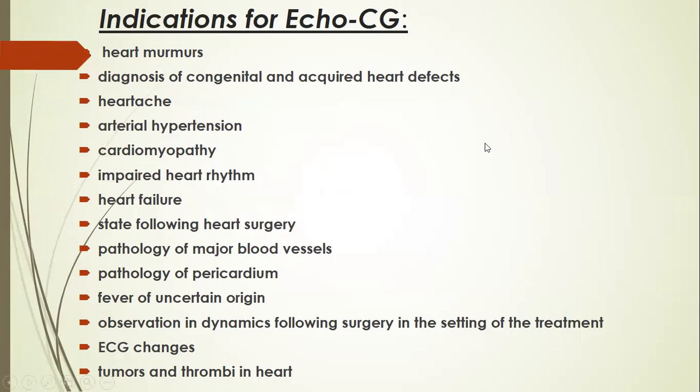First of all, we use it to investigate the heart and diagnose congenital and acquired heart defects, and when the child has heartache and heart murmurs, arterial hypertension, cardiomyopathy, and other defects or other diseases.